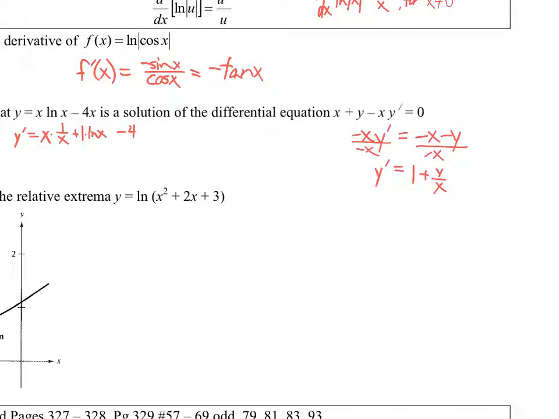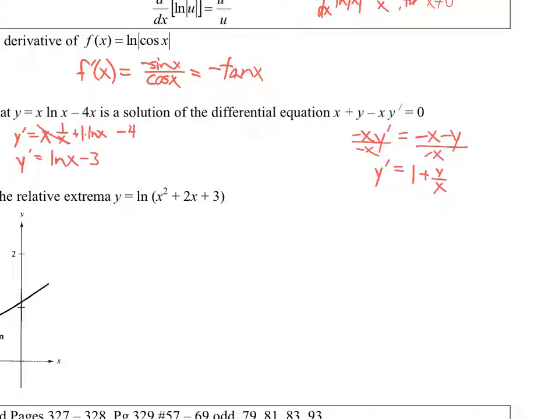And you're like, well, that doesn't look like a whole lot like it. Okay, well, let's keep going. This cancels to 1. So I have a 1 minus 4, which means I have ln of x minus 3.